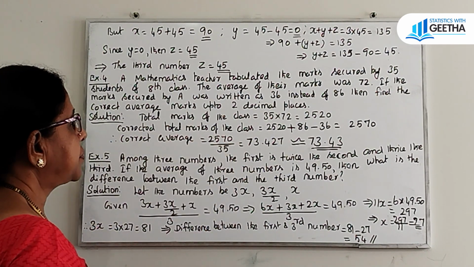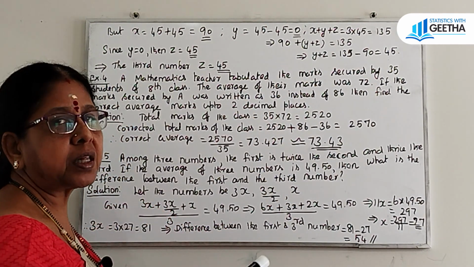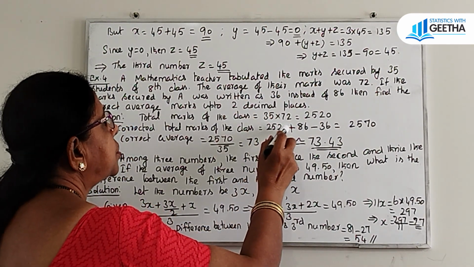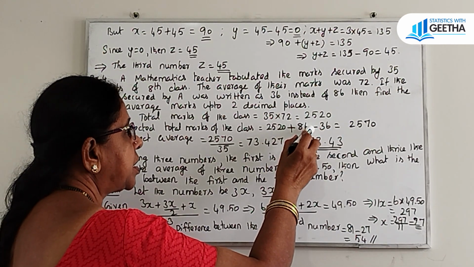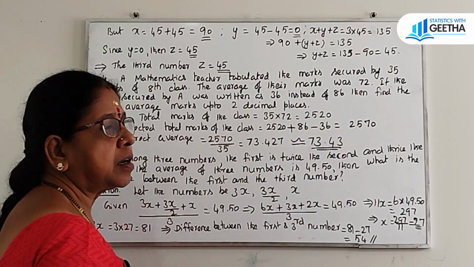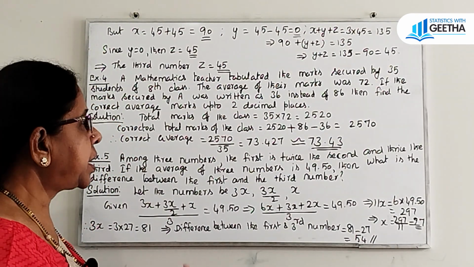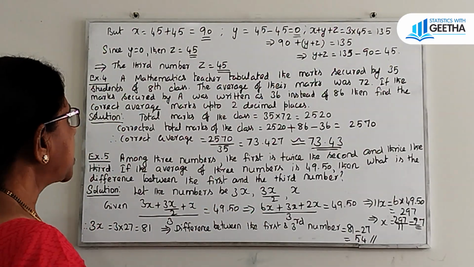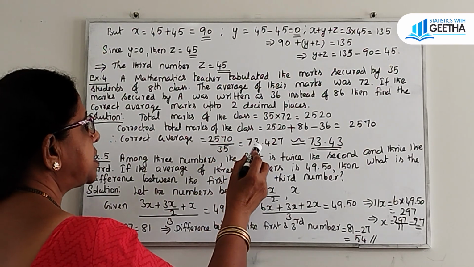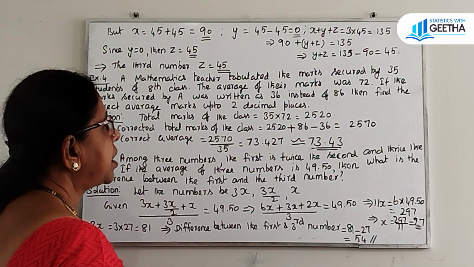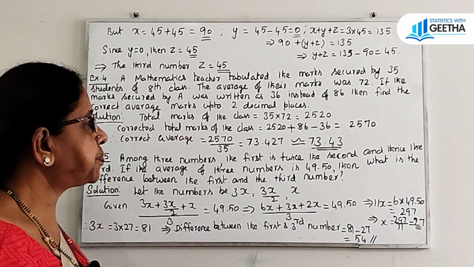Corrected total, ஏன்னா 86க்கு பதில் 36ன்னு எழுதியிருக்காங்க, so அதை correction பண்ணணும் total-ல். So 2520 plus 86 minus 36, that is 2570. Corrected total 2570. இப்போ correct average 2570 divided by 35 students, which is nothing but 73.427. That is 2 decimal places கண்டுபிடிக்க சொன்னதுனால it is approximately equal to 73.43.